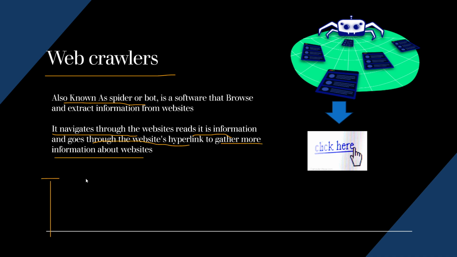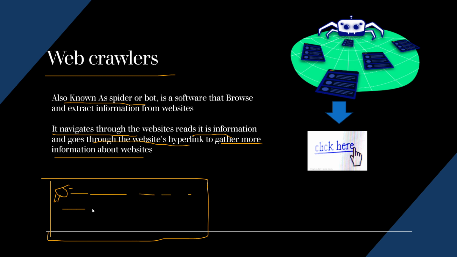So let's imagine I have a spider bot or a web crawler present in a web page. There's some text here, and then there's a hyperlink here called click me.